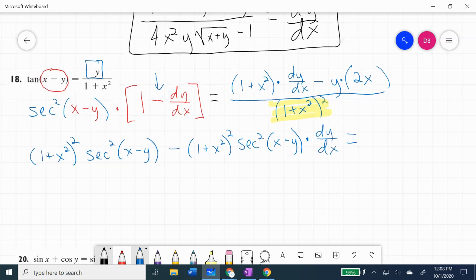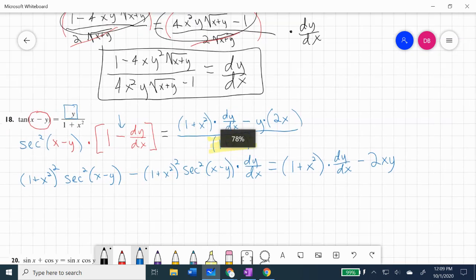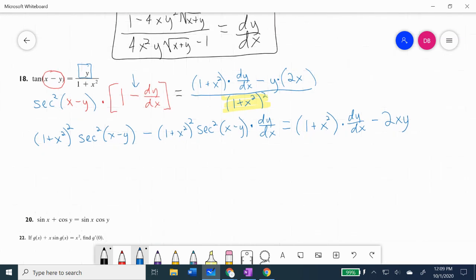And then on the right side, 1 plus x squared times dy dx minus 2xy.